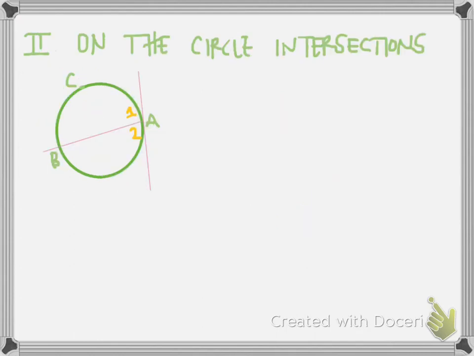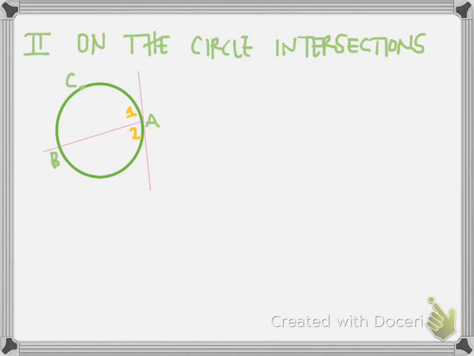Alright, let's talk about if one of them is a tangent and the other one is a secant, and the intersection is the point of tangency. Then the measure of each angle formed is equal to half the measure of its intercepted arc.